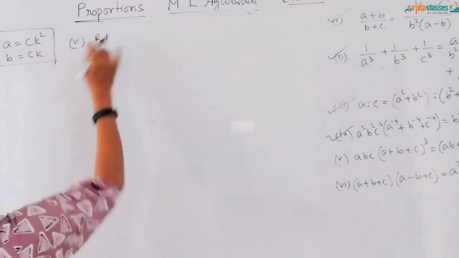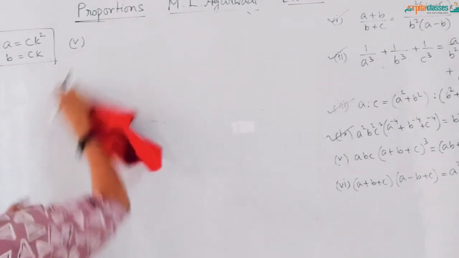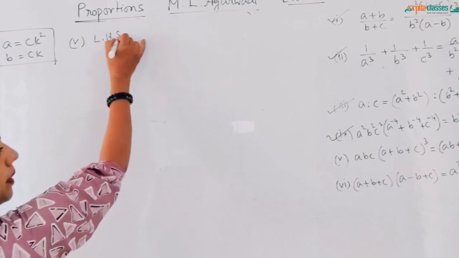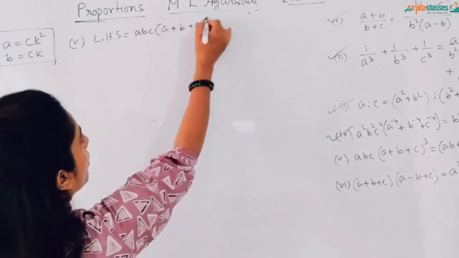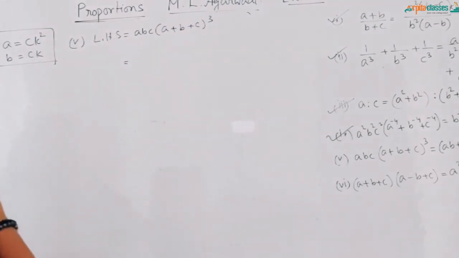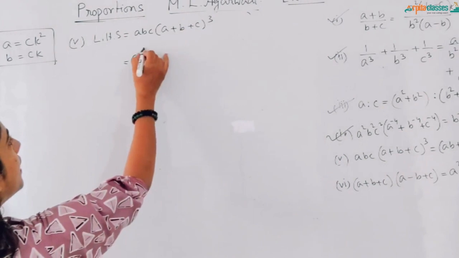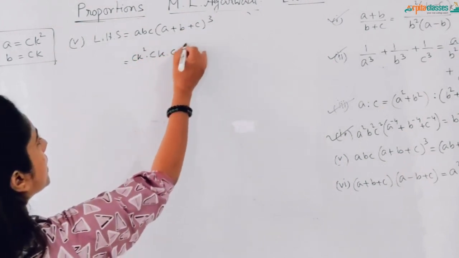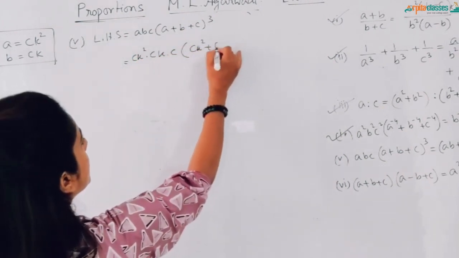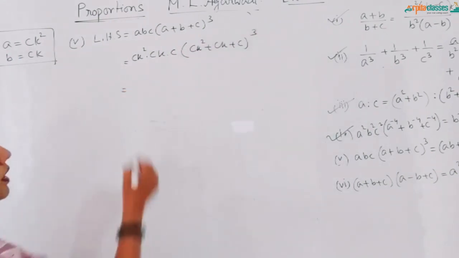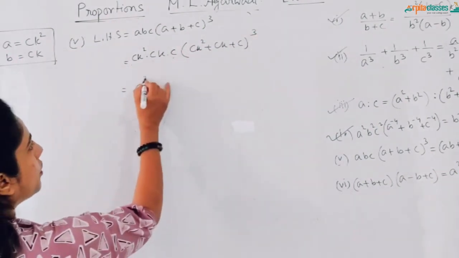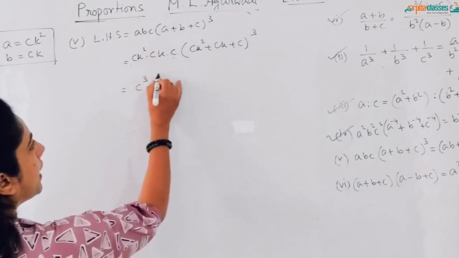The left hand side, we have abc whole into (a plus b plus c) the whole cube. So let us put the values directly. a is ck square, b is ck, c is c. Here it is ck square plus ck plus c, the whole cube. So we are getting c into c into c, that's c cube, k square into k, that's k cube.